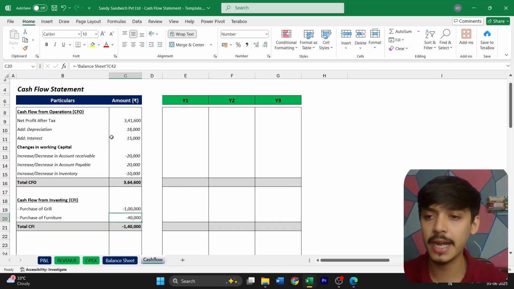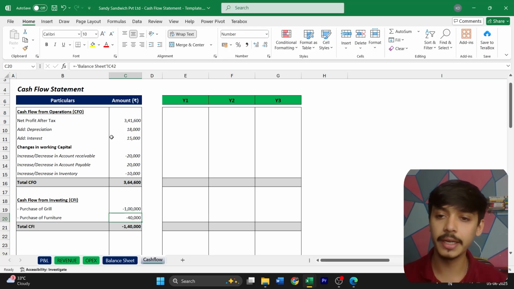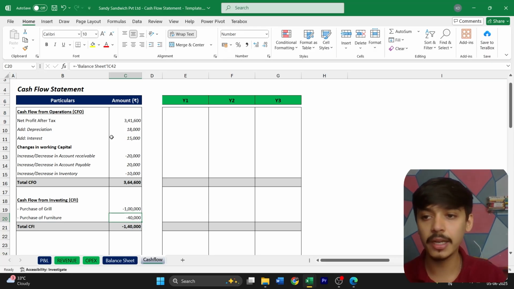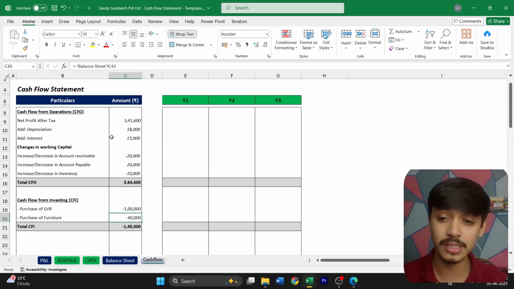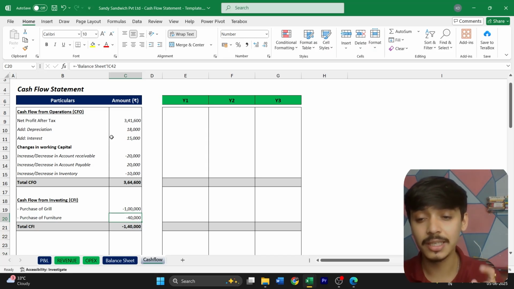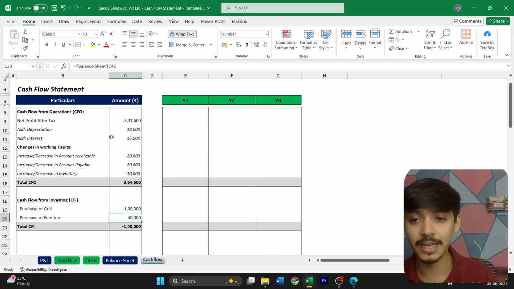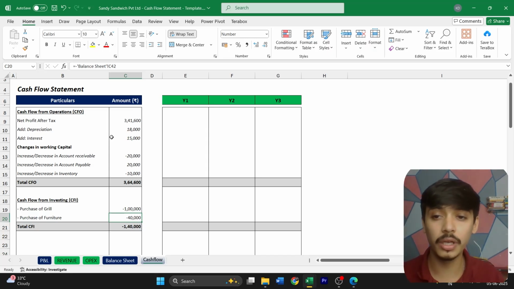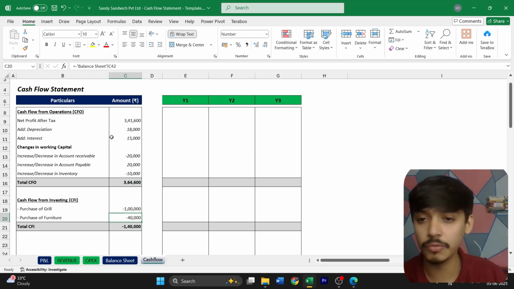So when we understand CFO, it helps us understand that when Sandy completed his 1 year of business, he had made a profit of 3,41,600 in his books of account. But he had 3,64,600 as cash flow from operations. That is just from running his entire business. He made 3,64,600 in his bank balance, because over here we had subtracted depreciation from the profits.